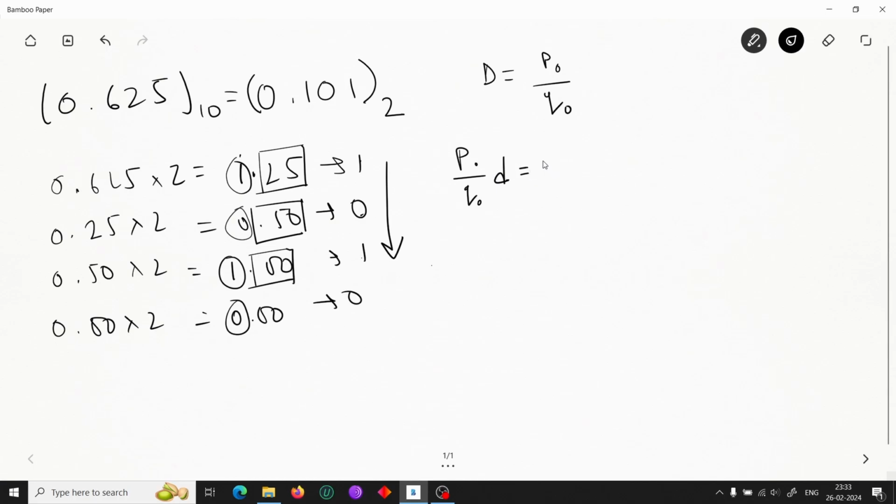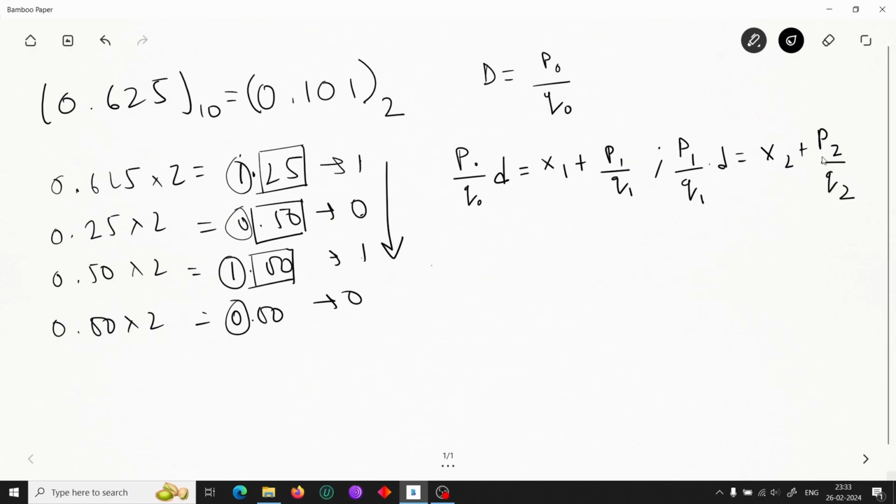It would give us an integer part plus another fraction p1 by q1, and in the next step we take this fraction part and again multiply it with d. So p1 by q1 times d will give us x2 plus p2 by q2.